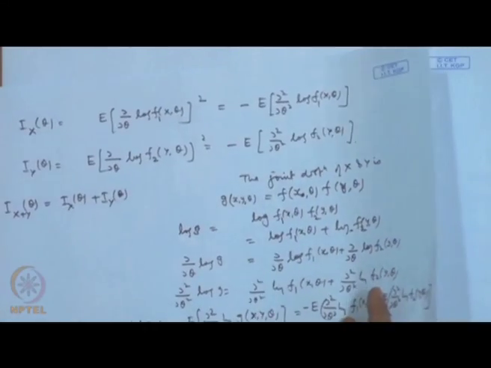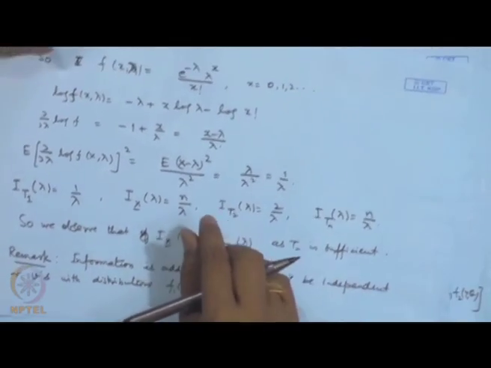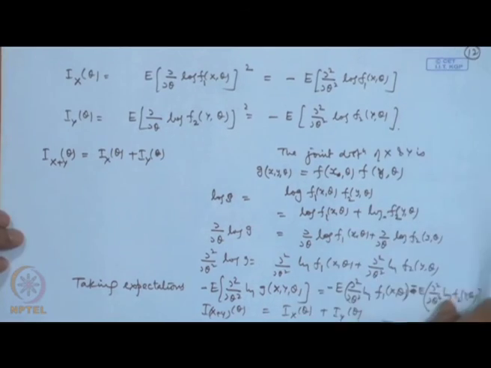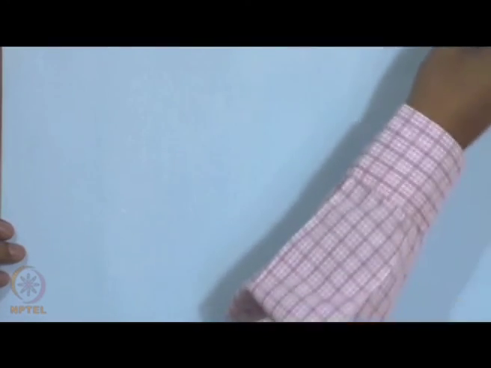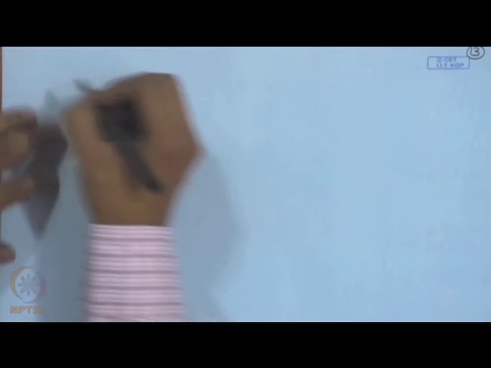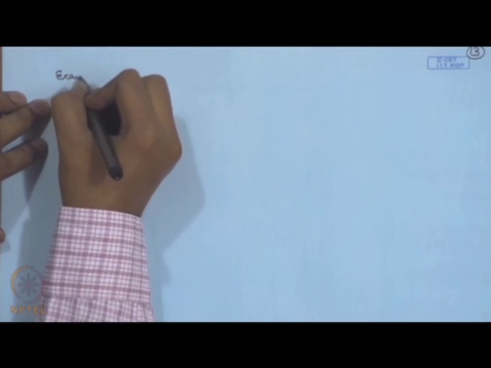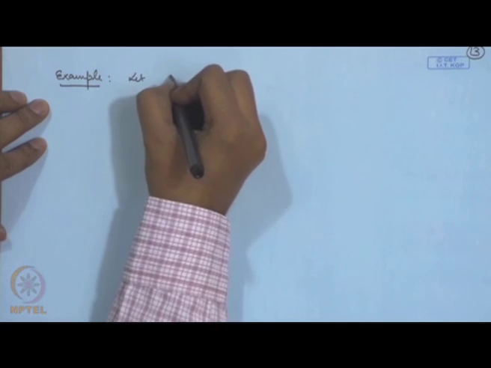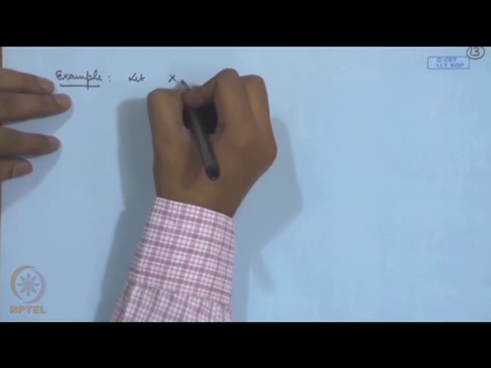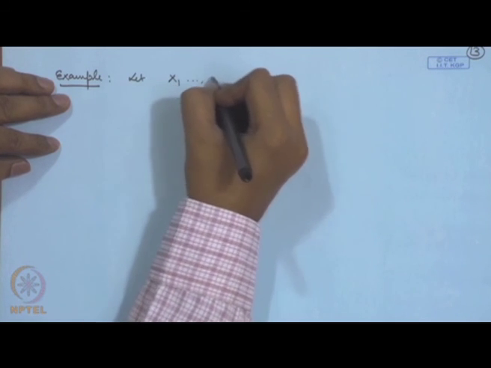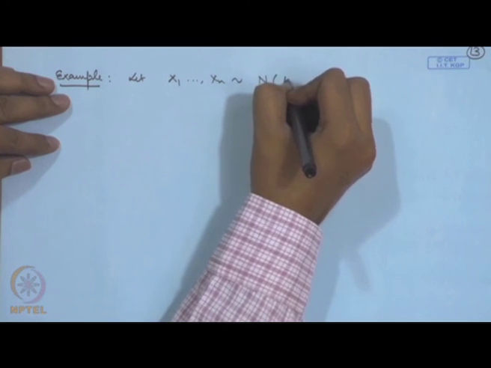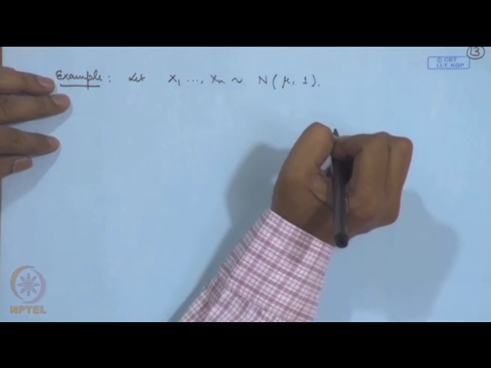Let me explain the equality of sufficient statistics information by means of another example here. Let us consider X1, X2, ..., Xn following a normal (μ, 1) distribution.